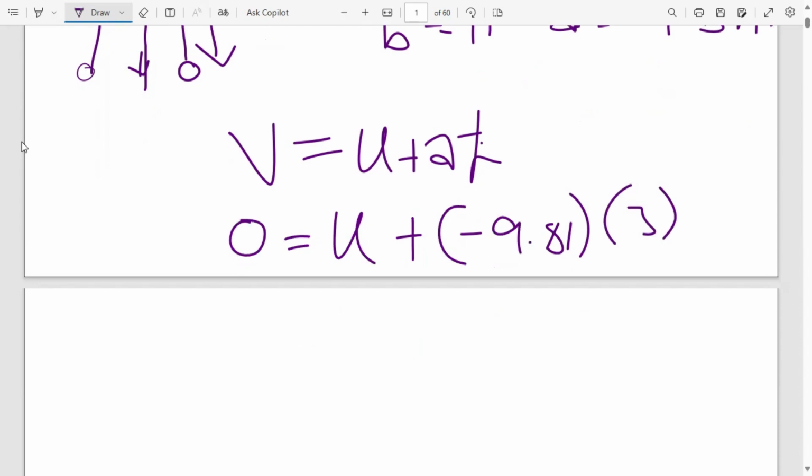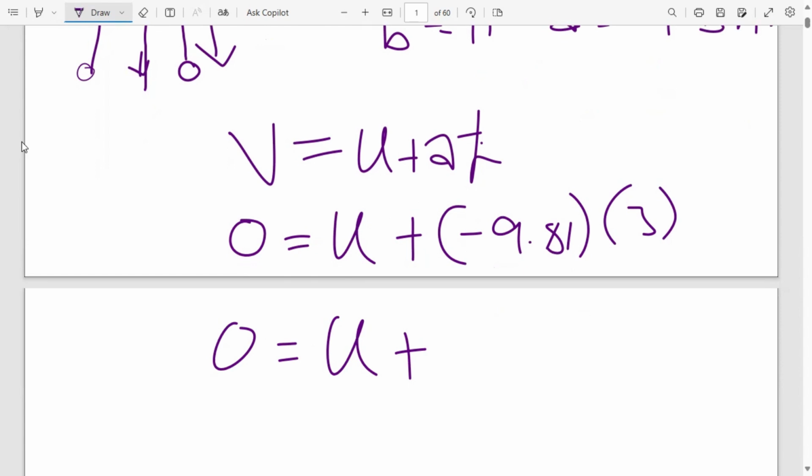So I'm going to say 0 is equal to initial velocity plus negative 9.81 multiplied by 3.